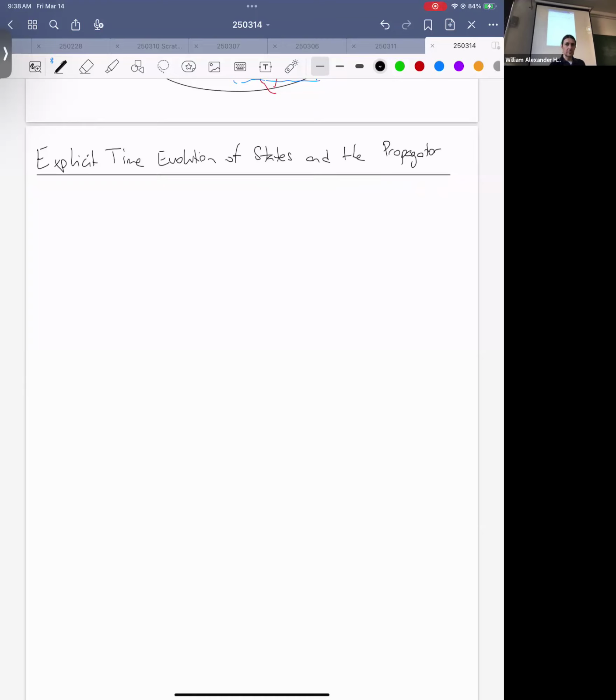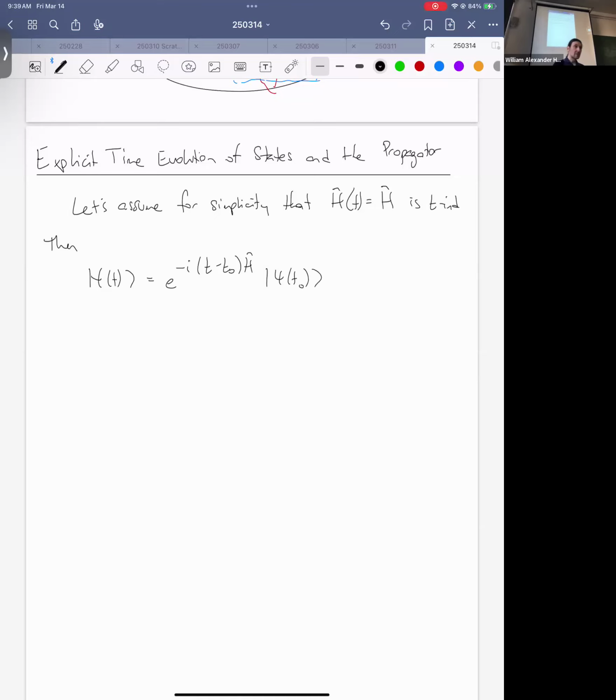All right, so let's assume for simplicity that our Hamiltonian is time independent. Then we have that our state at time t is e to the minus i (t minus t0) Hamiltonian, acting on psi at t0.